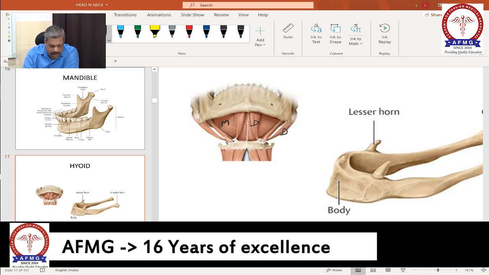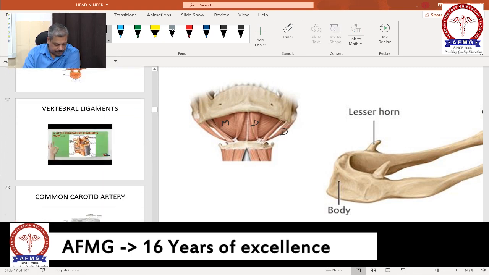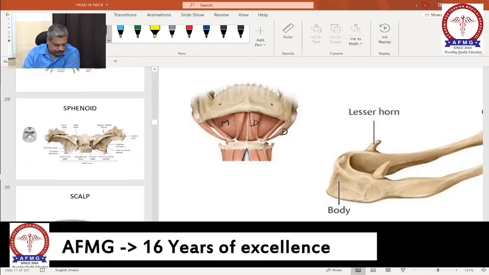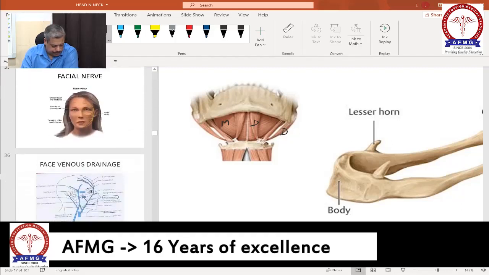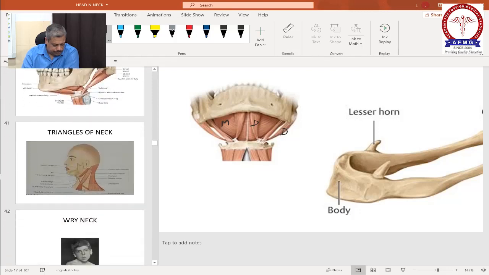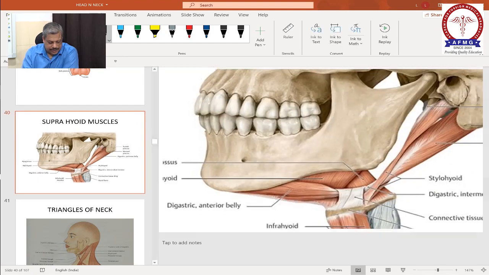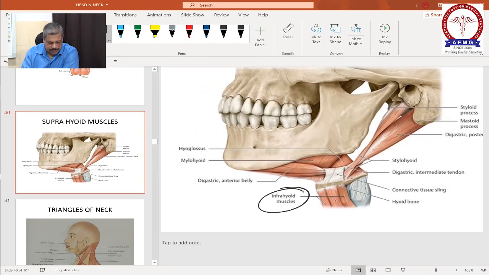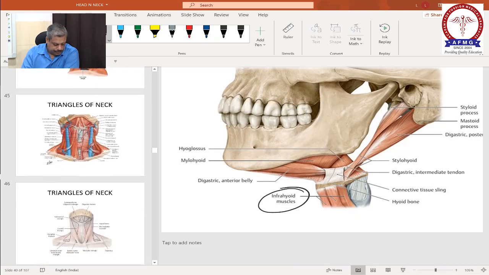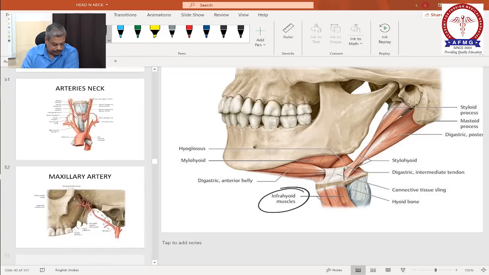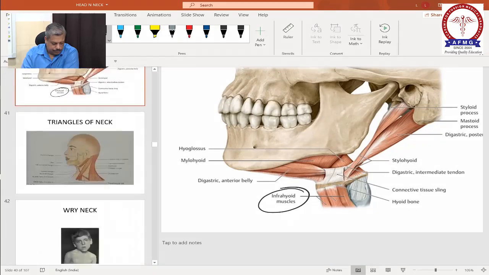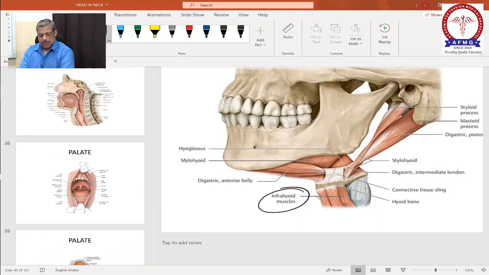The muscles coming from downside are the infrahyoid muscles, because they are present inferior to the hyoid bone.